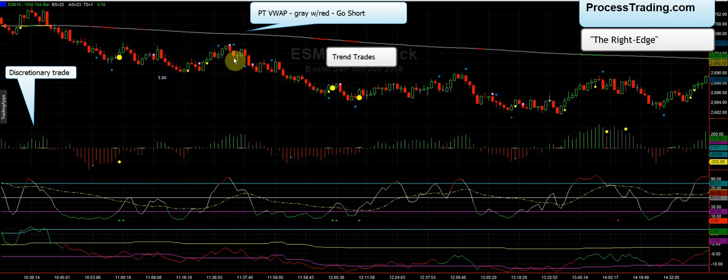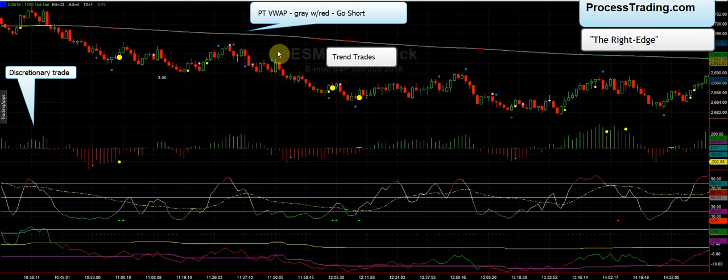And this is the process, because if price is indeed weak, then it's going to come down to your point and it's going to go through it. And you'll see it does it on this timing alert dot, on this one, on this one, on this one. They are all effective. They all are accurate.